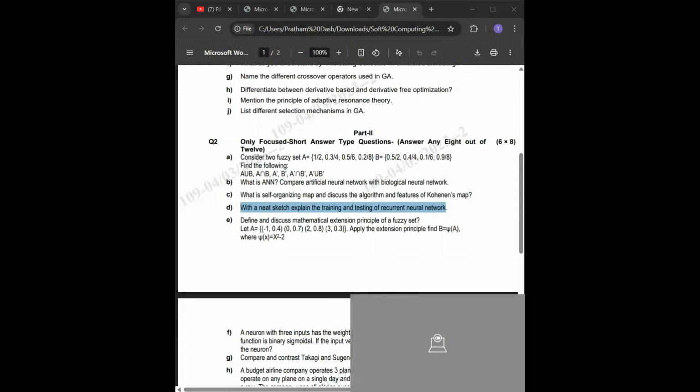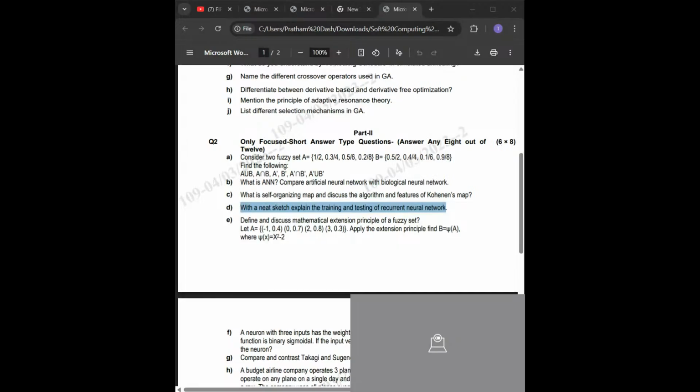Let's see. I need to write this. RNN, recurrent neural network. I think the next stage is input, then output.